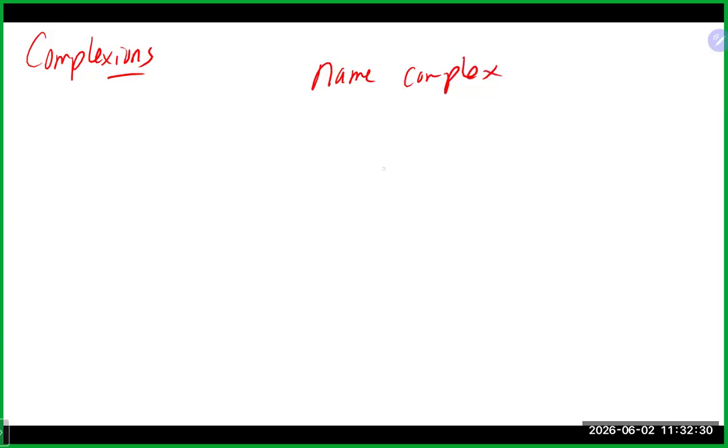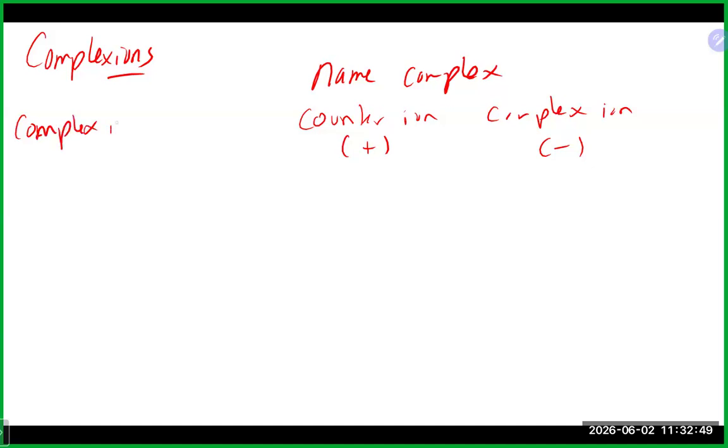Remember, it all revolves around your counter ion and your complex ion. You can have a positive counter ion and a negative complex ion, or the opposite is true. You can have a positive complex ion and a negative counter ion.